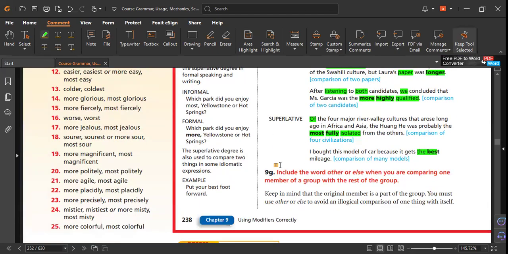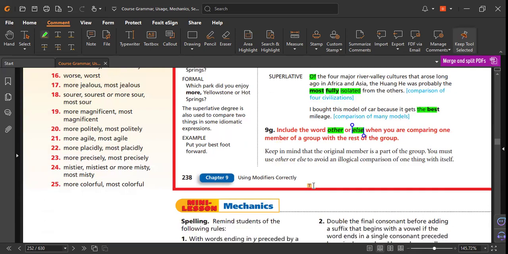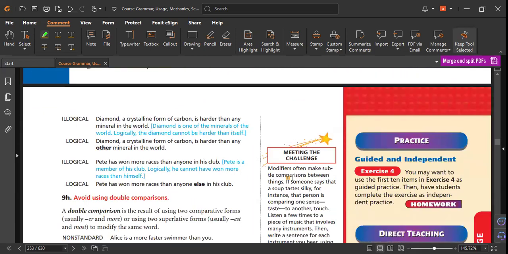And a common trap is using the word "other" or "else" in comparisons. For example, diamond, a crystalline form of carbon, is harder than any mineral. It must be "any else", "any other". Why? Because diamond must be different from anything else.